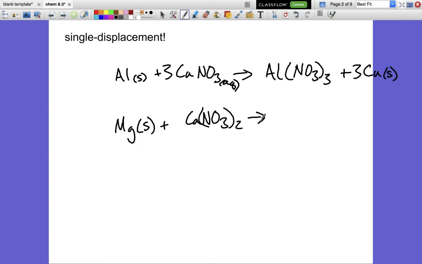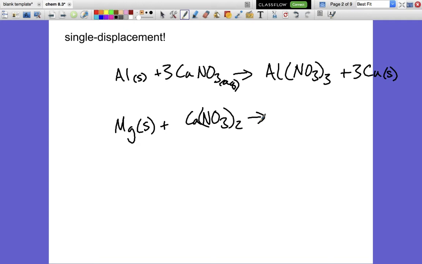So can magnesium replace calcium? If you look at the activity series, if you have that printed list, calcium is in that top group with lithium, and magnesium is in the second group. Magnesium is definitely below calcium, which means that magnesium is less active than calcium.